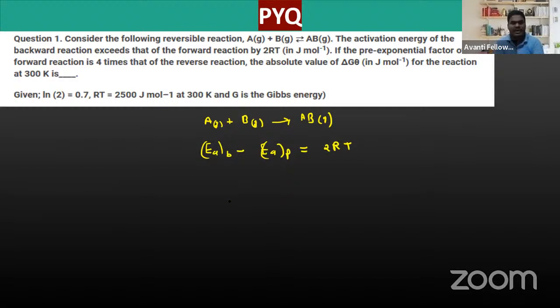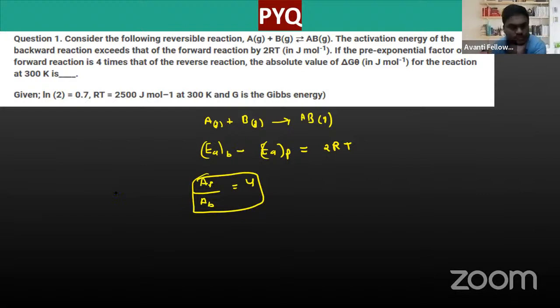Now it is also given that if the pre-exponential factor of the forward reaction is 4 times, it means AF upon AB is equal to 4. This is given in the question.